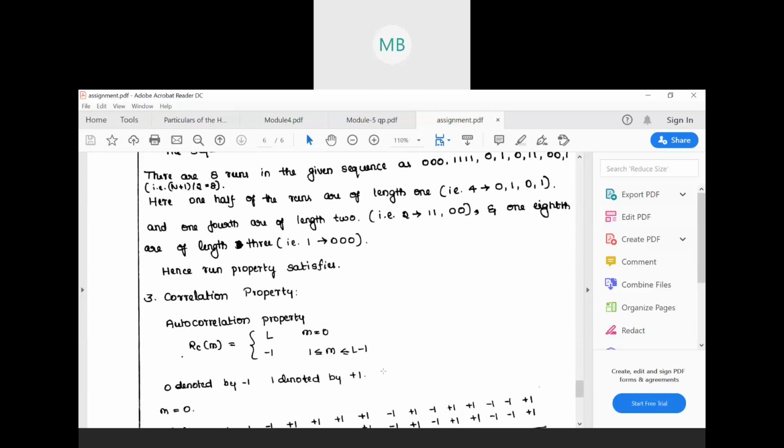Then the last property is the autocorrelation property, the third property. What is the formula for autocorrelation? Can anybody give the equation?